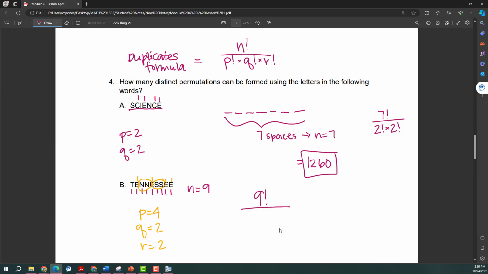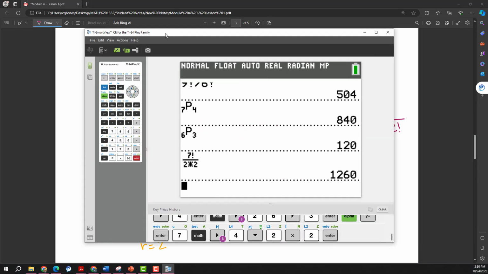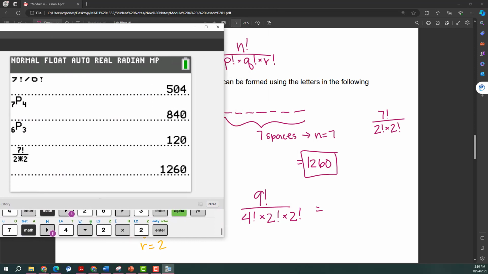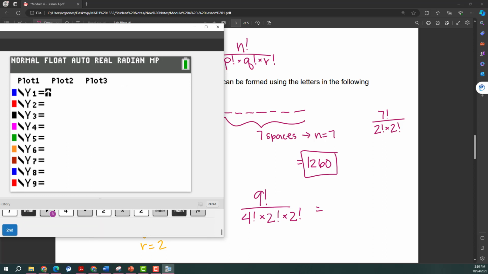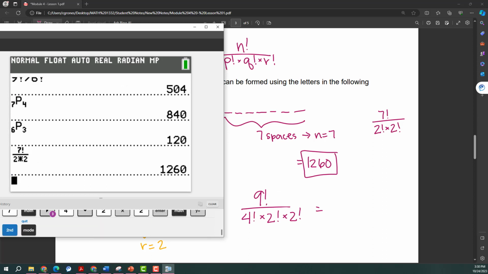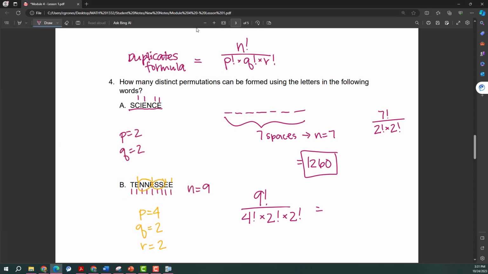So we've got n factorial divided by 4 factorial times 2 factorial times 2 factorial. Okay, so clear. You got 3780. Yes, 3780. Thank you.